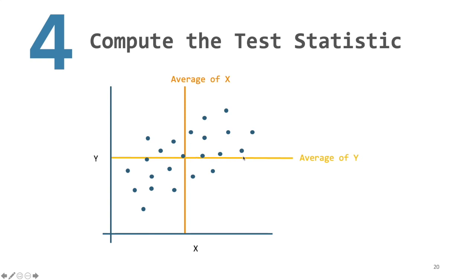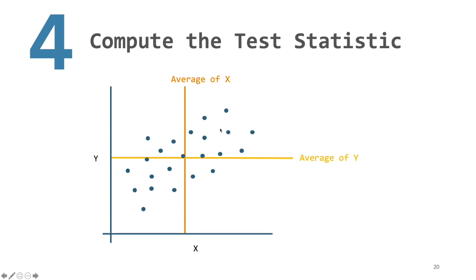All of the ones in this quadrant over here are going to be positive times a positive. So all of these contribute positive values. Over here, this is below the mean, so it's a negative x, and it's a negative y. So this one's a negative times a negative, which is also a positive value. So all the values over here are also positive values for the correlation.